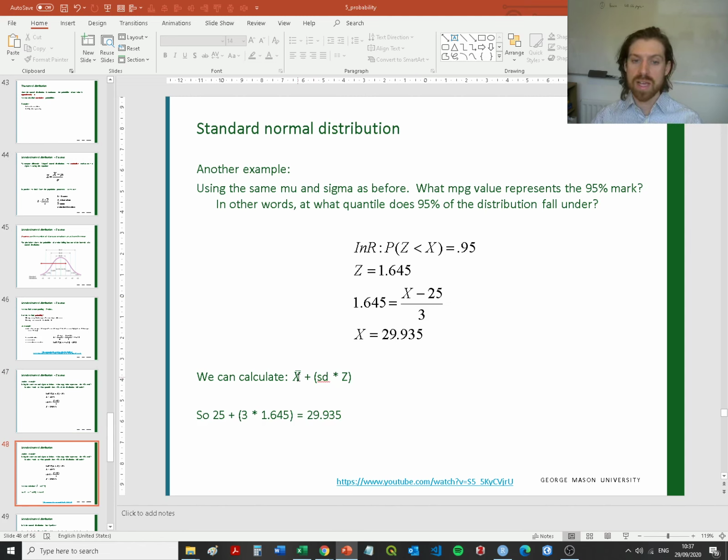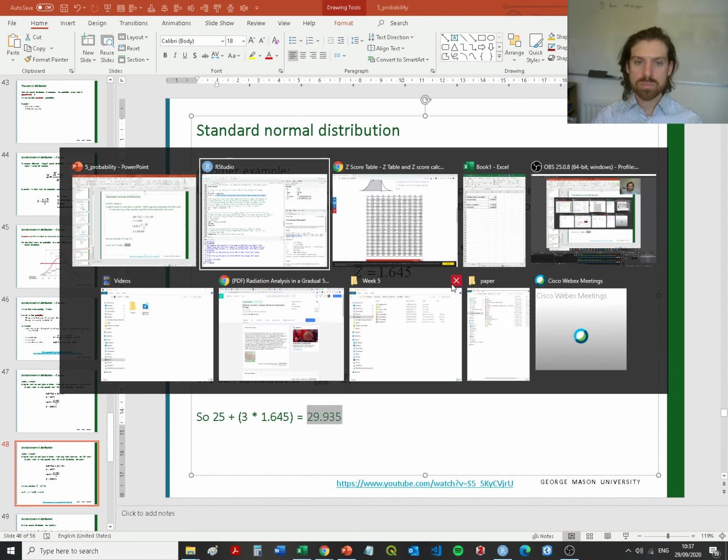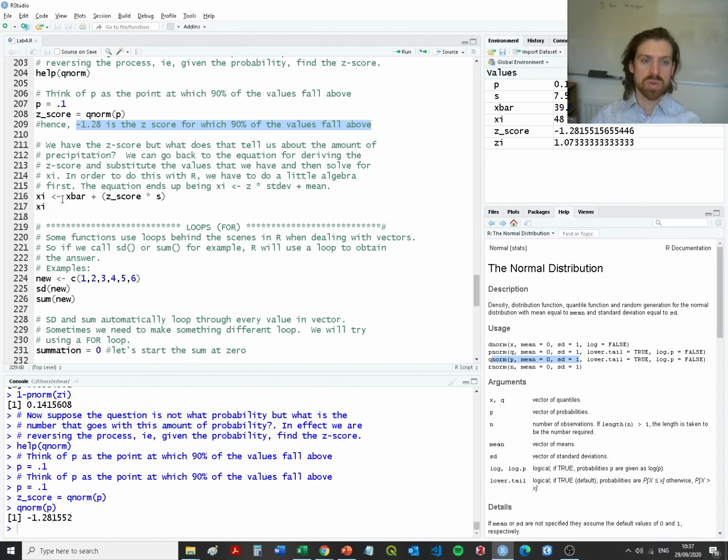Here I've calculated it by taking the x bar, and then we multiply the standard deviation by the z-score. For example, if the standard deviation is 3, the z-score is 1.6, and the mean is 25, then when we multiply these two values together and add them to the mean, we get 29 in this particular example, which is the value that we wanted.